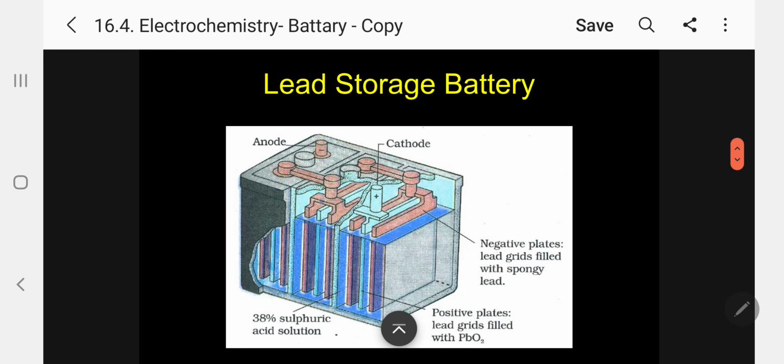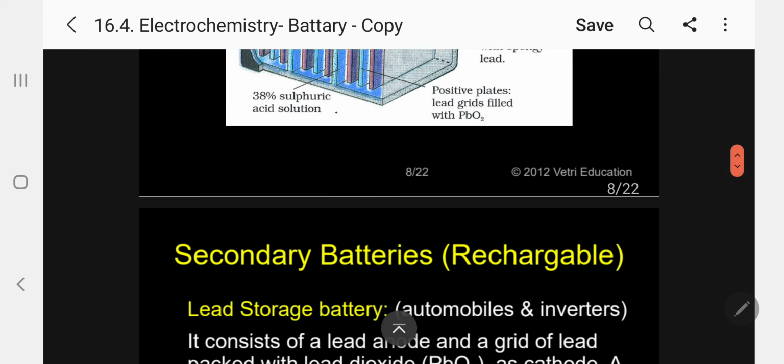So what we are seeing now is the lead storage battery, normally used in cars and lorries. Kindly follow. The structure is complicated, but you can see the anode and cathode are always there. Normally 38% sulfuric acid solution is used in this battery.